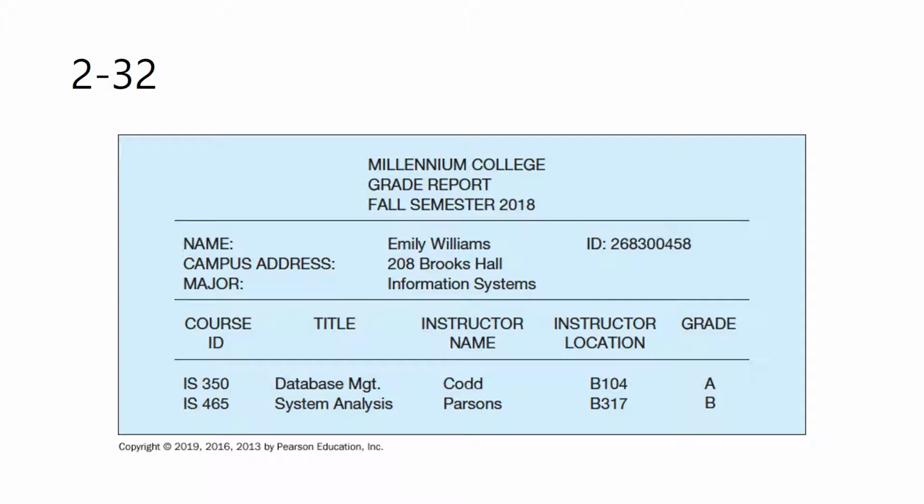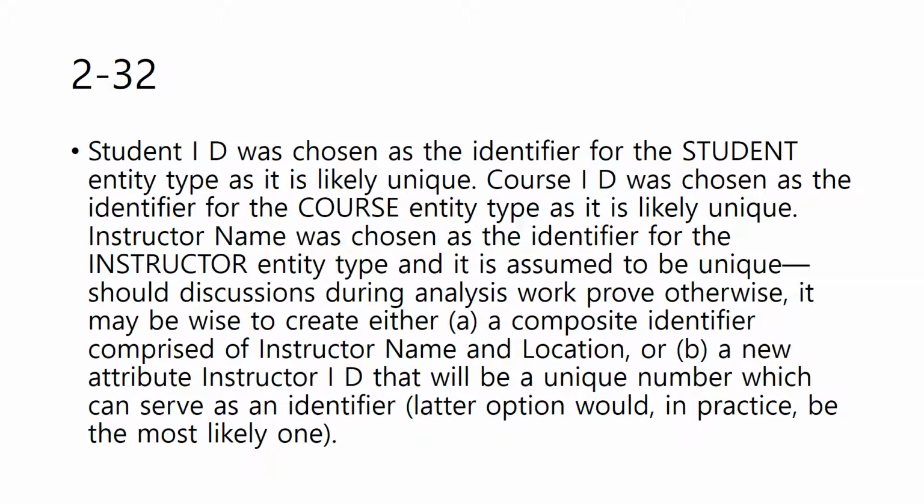Course IDs IS350 and IS465, titles database management and system analysis, instructor names, instructor locations B104 and B317, and grades A and B. So we can draw the entity relationship diagram.